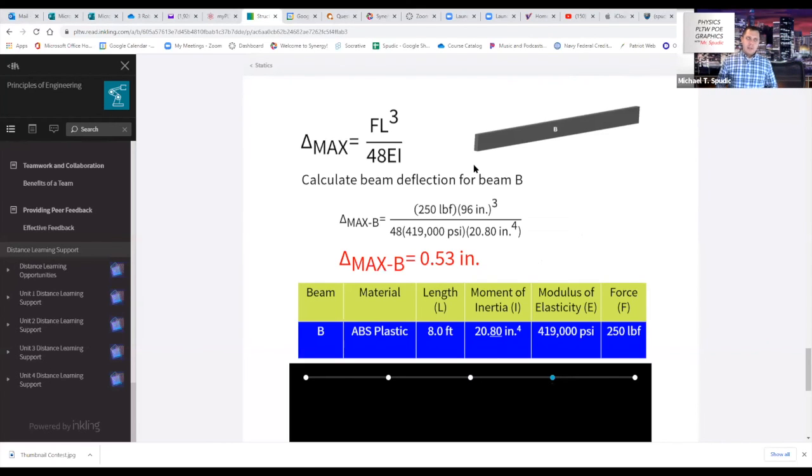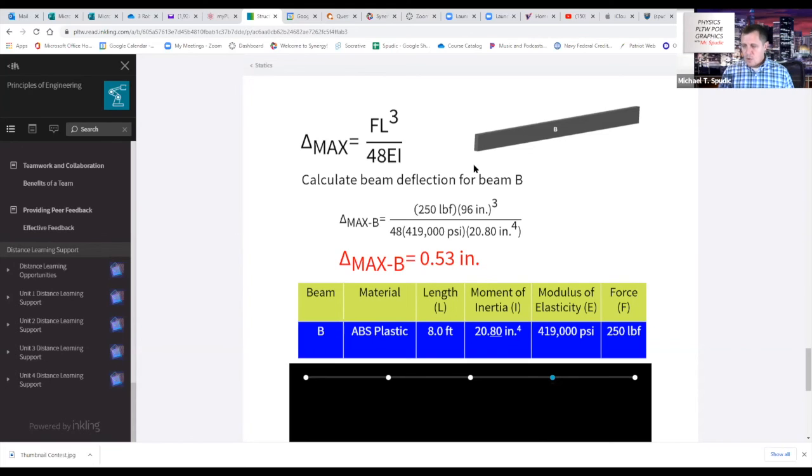Plastic would be pretty expensive anyways, but plastic is going to bend a whole lot more. So it's not like you're going to build a joist with that plastic, because bending a half inch every single time would probably not be the way you want to deal with carpeting or hardwood floors or any of that stuff.